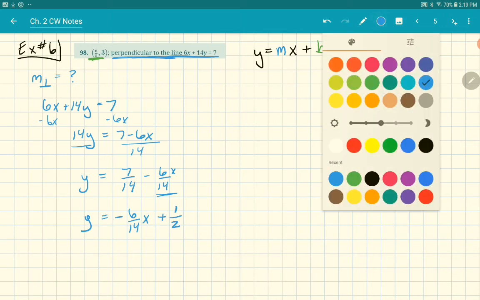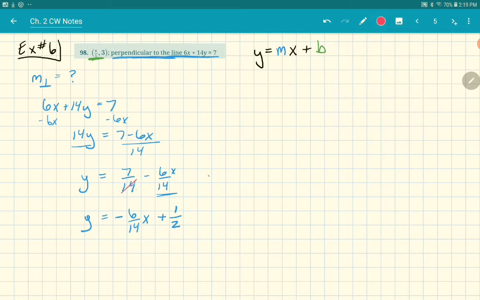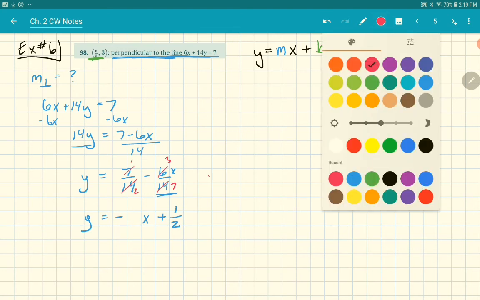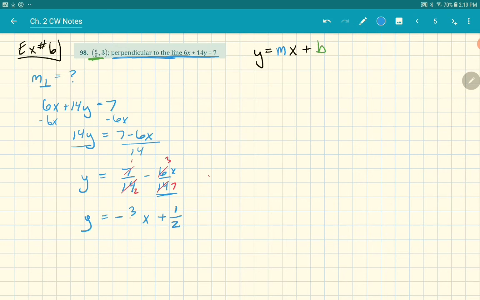And 6 over 14 reduces to 3 over 7. So the slope of this perpendicular line is negative 3/7.